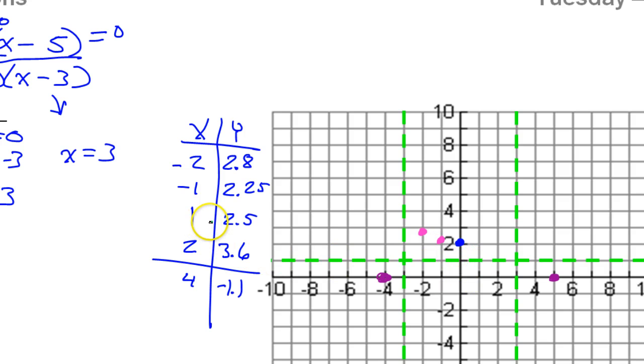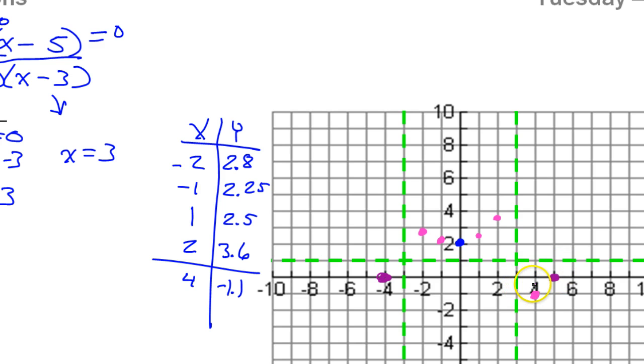At +1, we're at 2.5, so that's up a little bit higher. At 2, we're at 3.6. It's right about there. And at 4, we're at -1.1. It's basically right there.